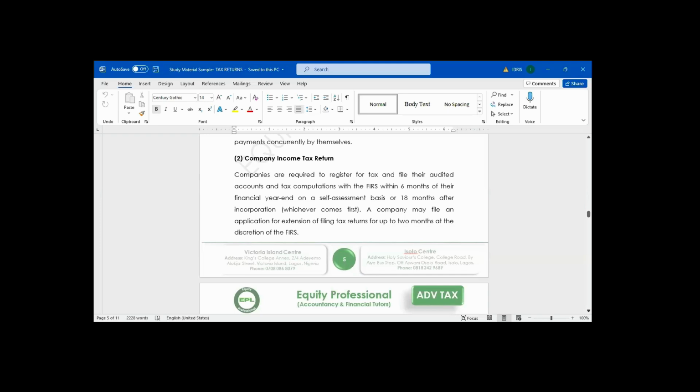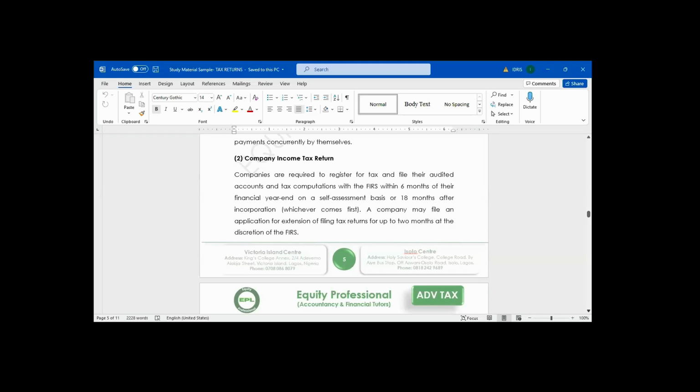This return is filed by a company every year, and the timeline for filing this return is within 6 months after the end of the year for an existing company.